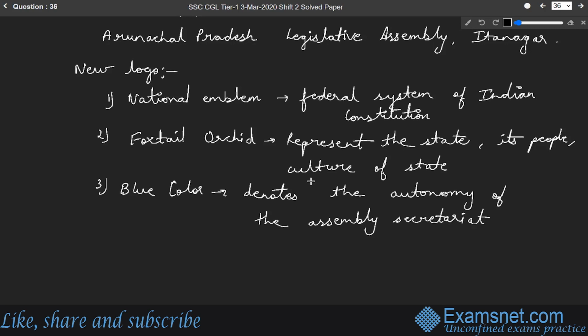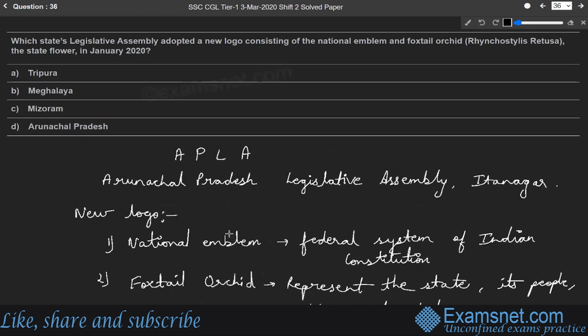These are the major three parts of the new logo that is adopted by the Arunachal Pradesh Legislative Assembly. So for this question, the correct answer will be the state of Arunachal Pradesh, which is option D here. I hope you are clear with this question.